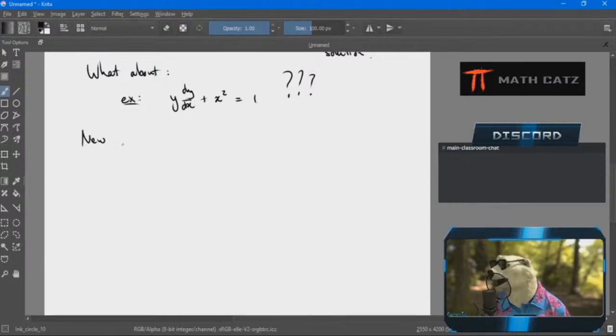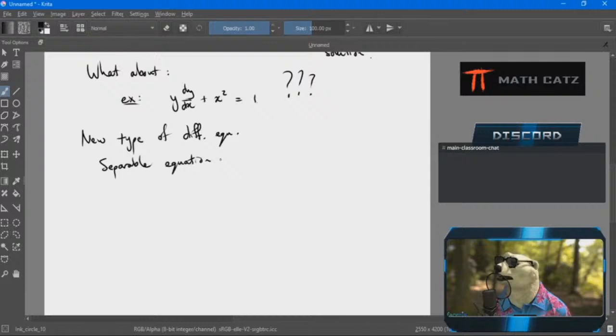So what we're going to do is branch out to and expand on what we have, and identify a new type of differential equation. It's going to be a separable equation. That's going to be its name.